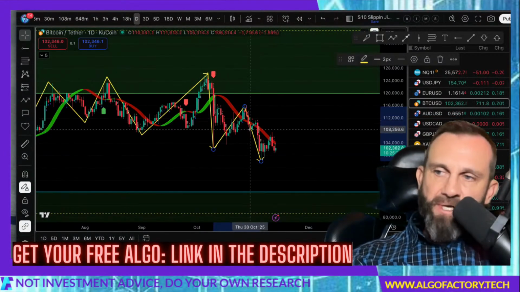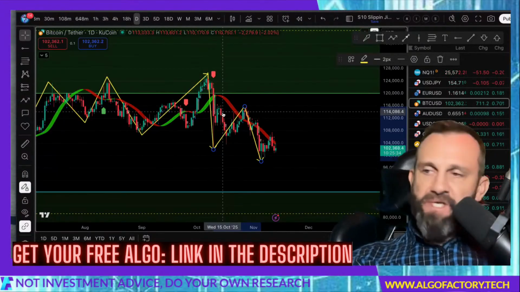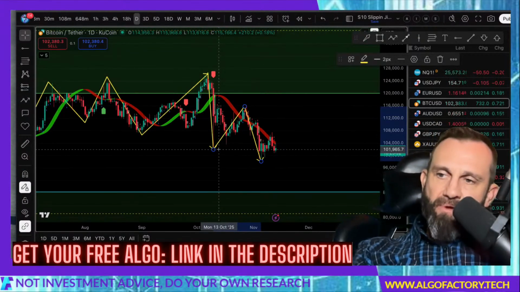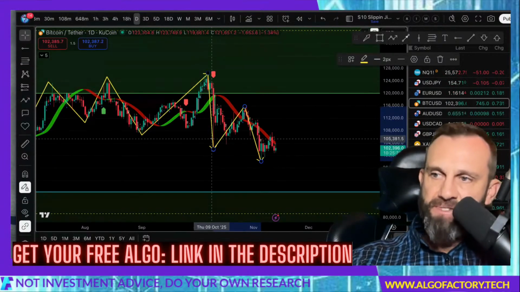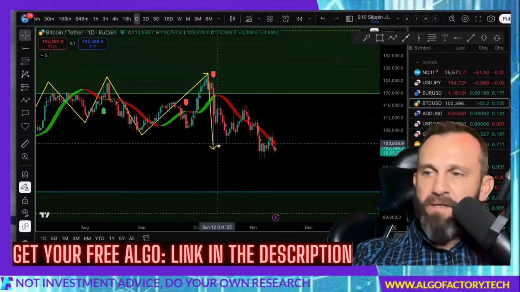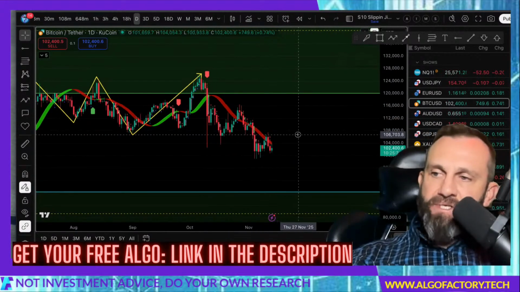Not only is it in a downtrend on the daily chart, it's in a downtrend on the swing trading timeframes as well. This is based purely on price action. I'm not even looking at indicators and algorithms. I mean, they're on the screen, some of them, but I'm not using that in this conversation. Okay. So understand that this is a price action look.